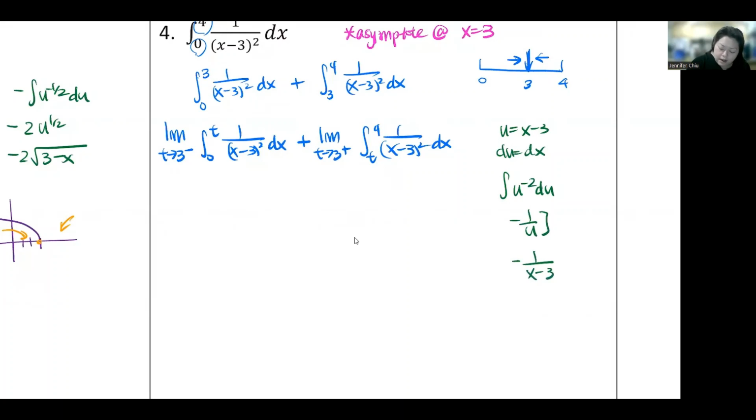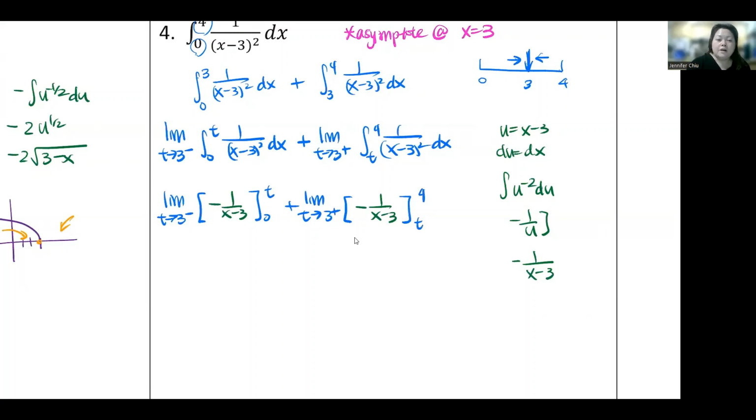Okay, so now I can go ahead and plug that in. Limit as t approaches 3 from the left-hand side, my antiderivative is negative 1 over (x minus 3), evaluated from 0 to t. And then the second limit, t approaches 3 from the right-hand positive side, I get negative 1 over (x minus 3), and then t to 4. Okay? All right, go ahead and plug that in.